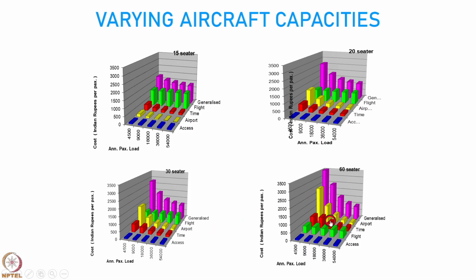Okay. And so, what we see is that there is a general reduction. It is not a very sharp reduction here, it is a very sharp reduction here. So, for the larger aircraft, the generalized cost is dominated by the airport cost and time cost. For the smaller aircraft, the generalized cost is dominated by the flight cost, which is the highest component.